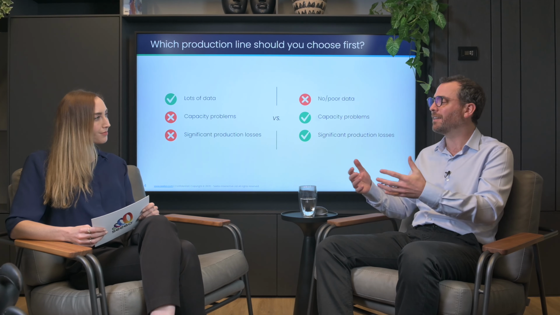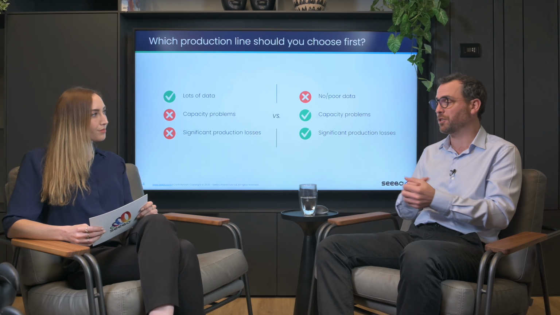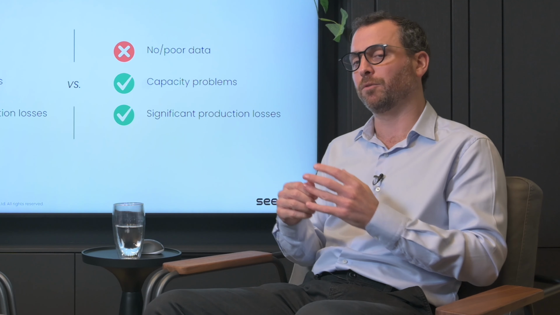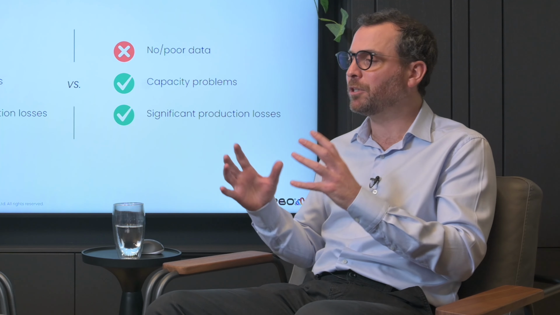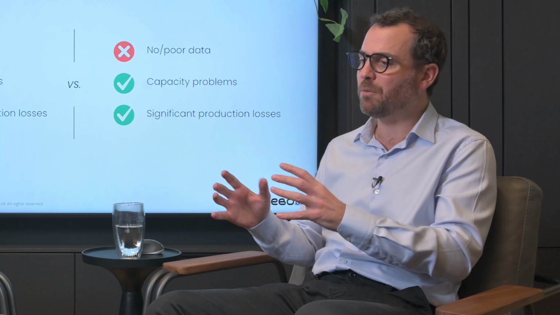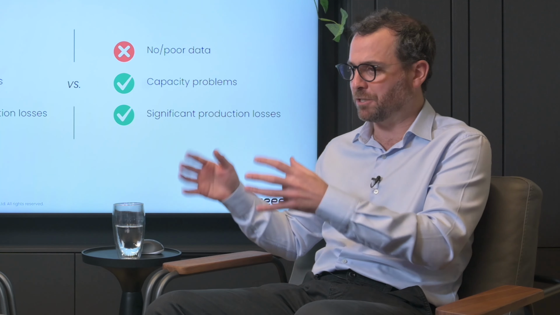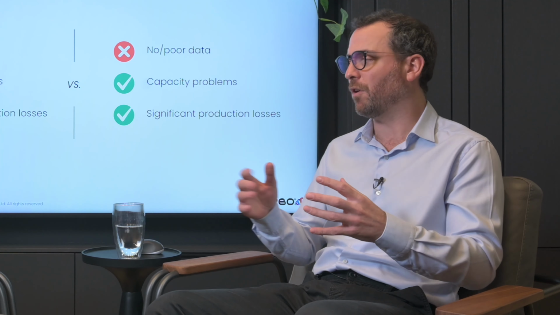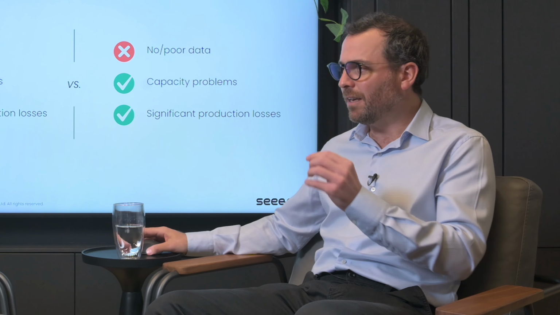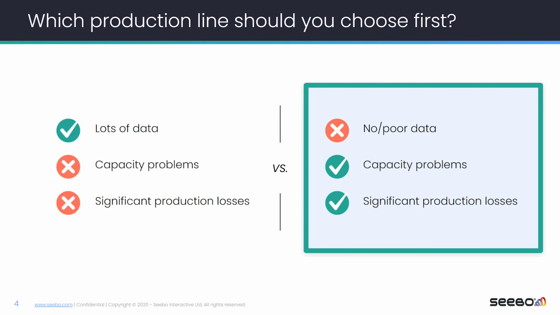I did not create any meaningful savings or profits for the organization. On the other hand, for the other production line, since the potential is so beautiful, I would have everyone behind me. I'll have the budgets to bring the data, and the teams to focus on that. If I make it short, our recommendation for businesses is to focus on the business need. And this is where they should start.